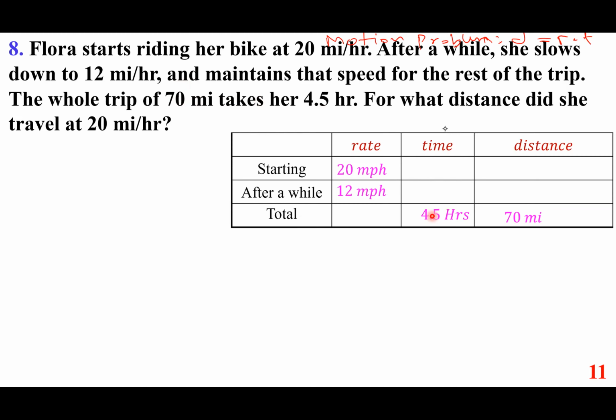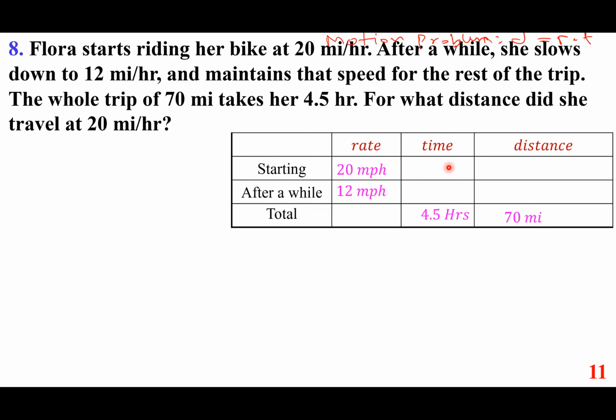For what distance did she travel at 20 miles per hour? We can answer everything and then answer that one. So what is the time it's going to take us here? Who knows?